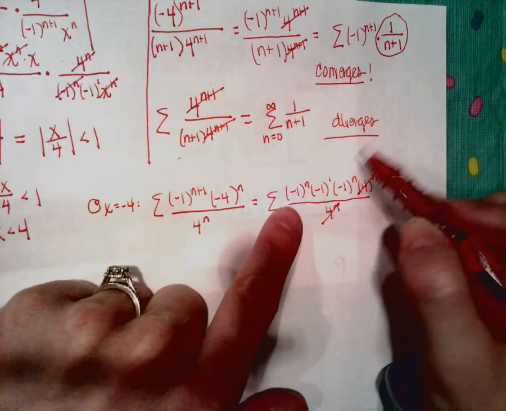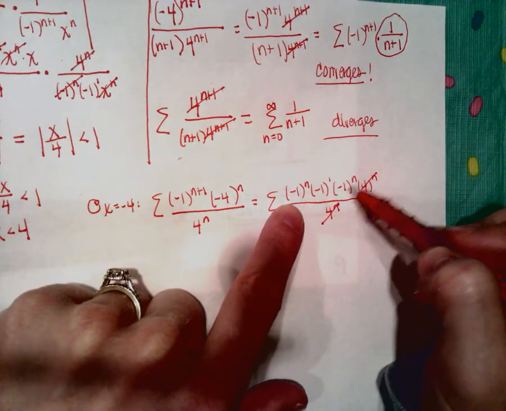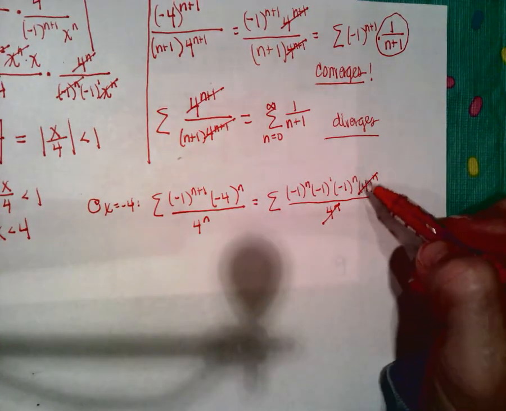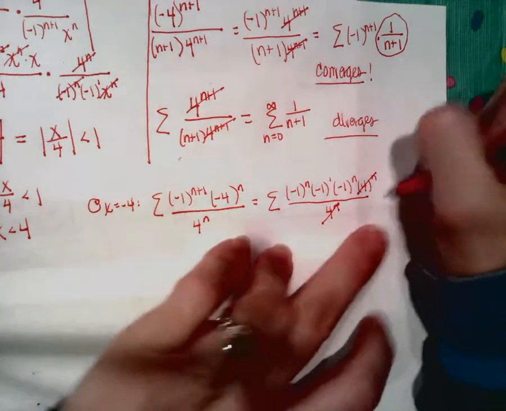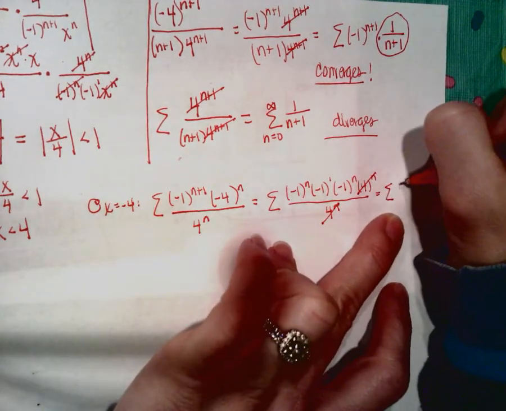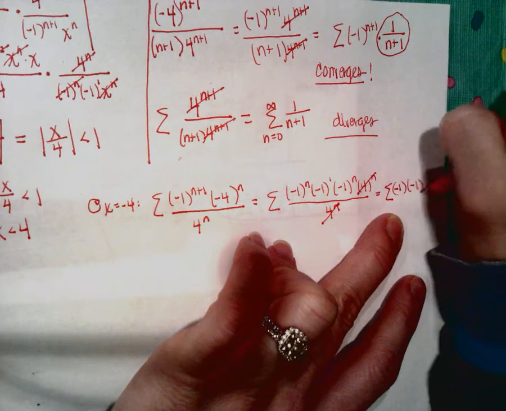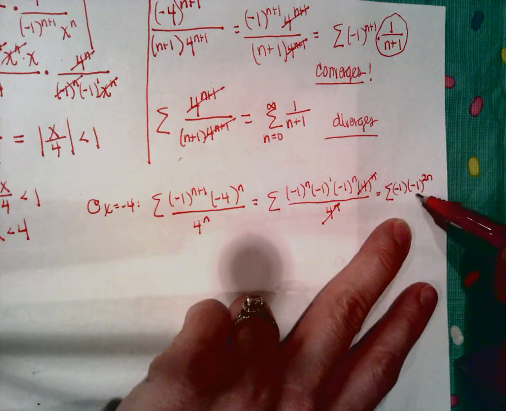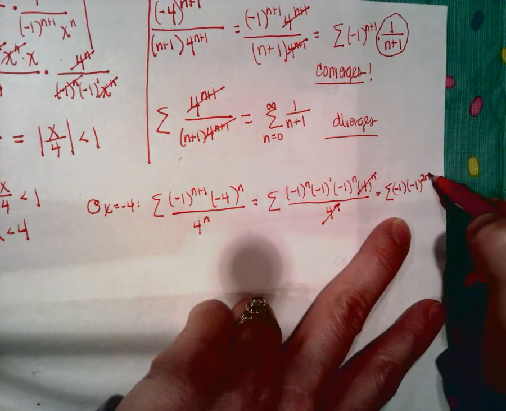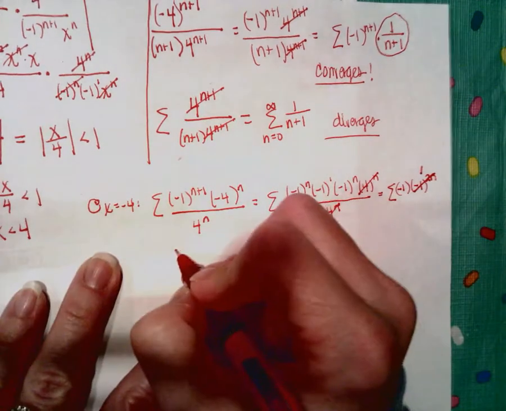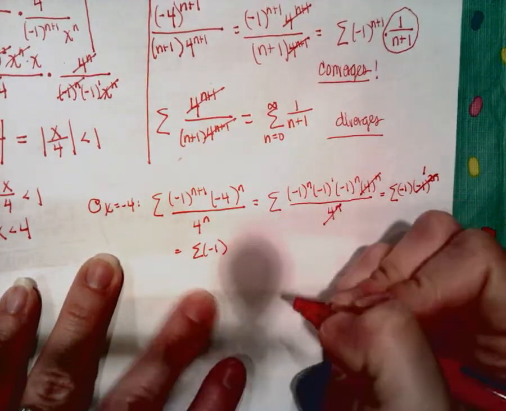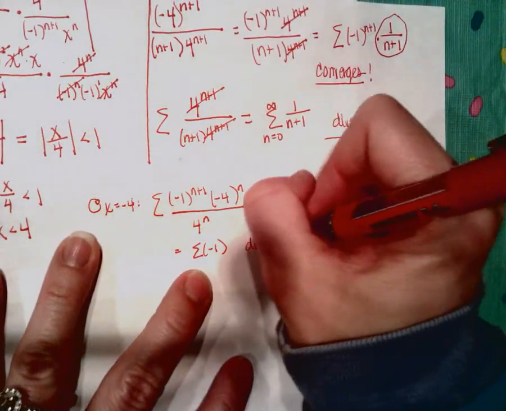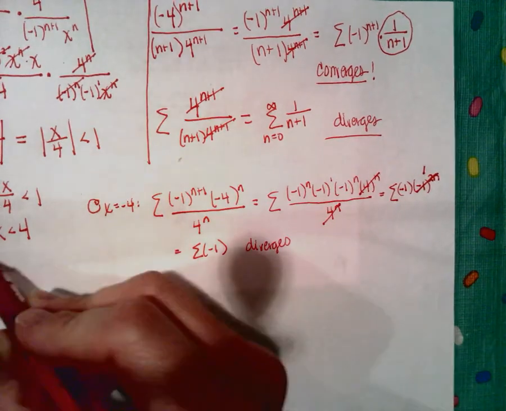And this (-1)^n times (-1)^n is actually just going to be (-1)^(2n). Which means (-1)^2, which is +1, and 1^n is just 1. So literally we just end up with the sum of -1 forever. So if we add -1 to itself forever, we're just going to get negative infinity. So this diverges, which just means that -4 is not included in our interval.